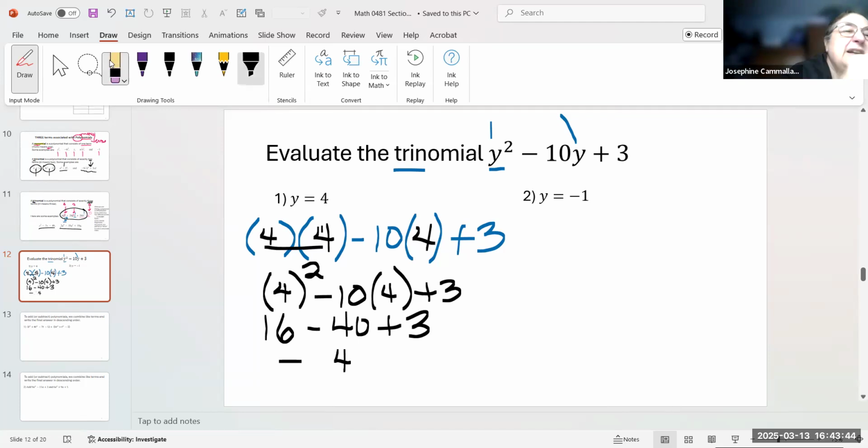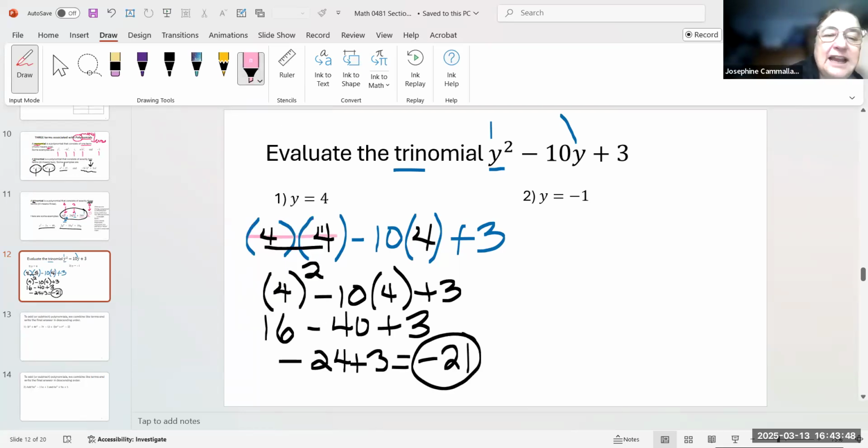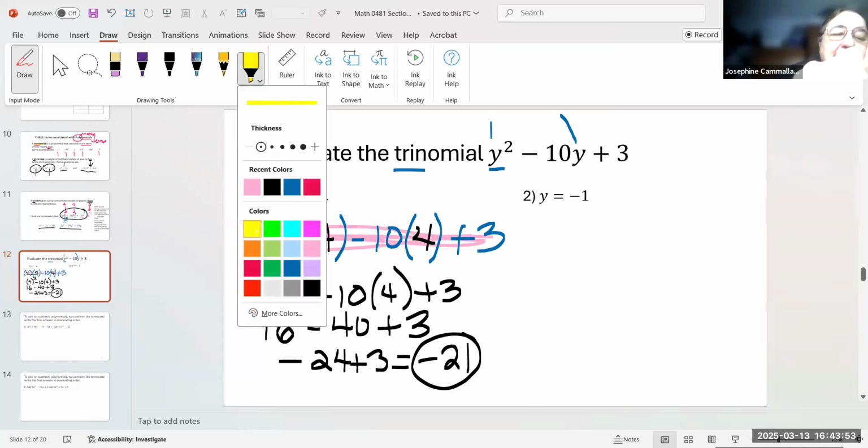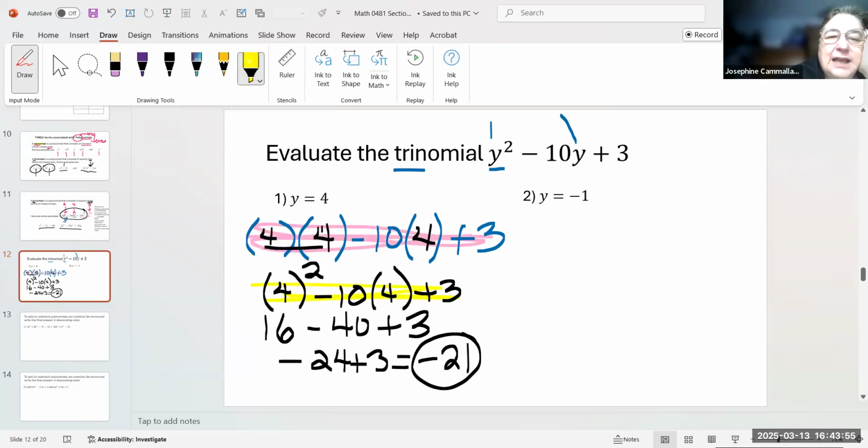Plus 3, which means you can write it like this, or you can write it like this. Now, when this is a positive value for y, that works nice.